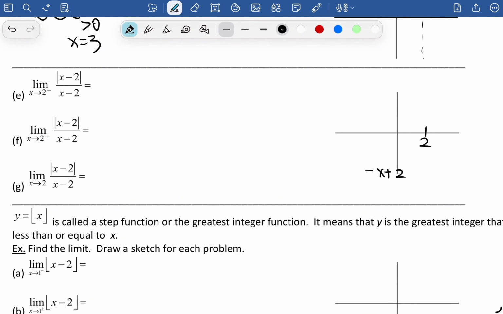If it's to the right of 2, it's going to be x minus 2, positive. So the graph simply looks like this. As we know, x cannot equal 2 because that will make the function undefined.